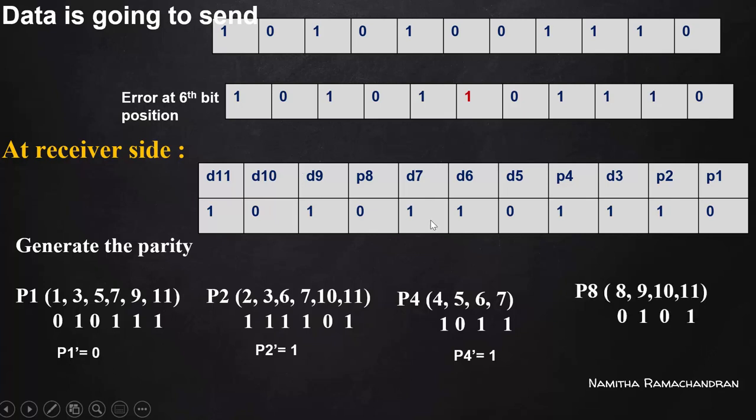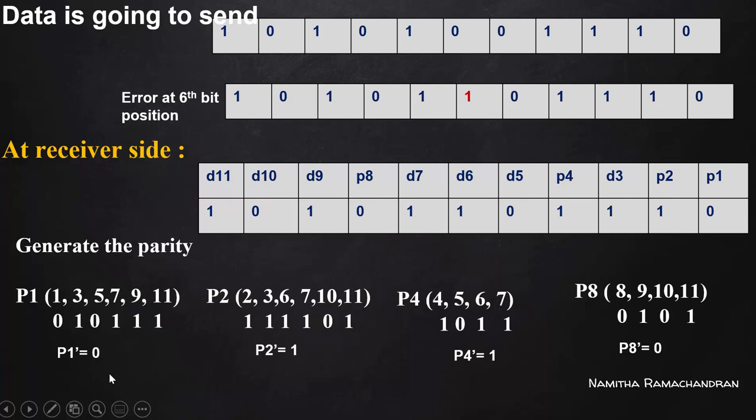Again, for P8 dash, we need to consider positions 8, 9, 10 and 11. These are the positions that contain a 1 in their fourth least significant position. Here we have 0, here 1, here 0, here 1. So a total of 2 ones. 2 is even, so we can set value 0.